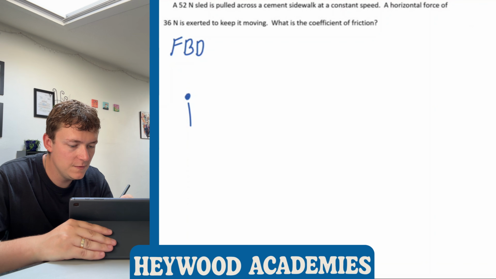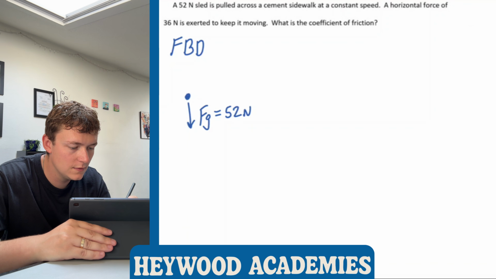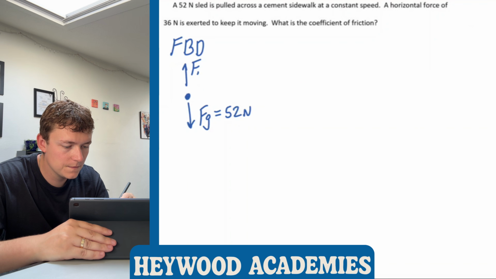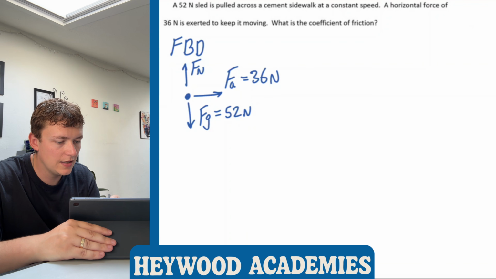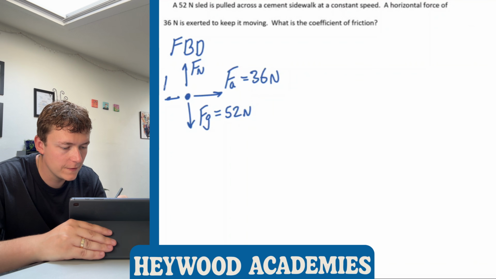They said a 52 newton sled, so that means that the force of gravity, Fg, is 52 newtons. We've got a horizontal force of 36 newtons, that's our applied force, and we're trying to solve for our friction force.